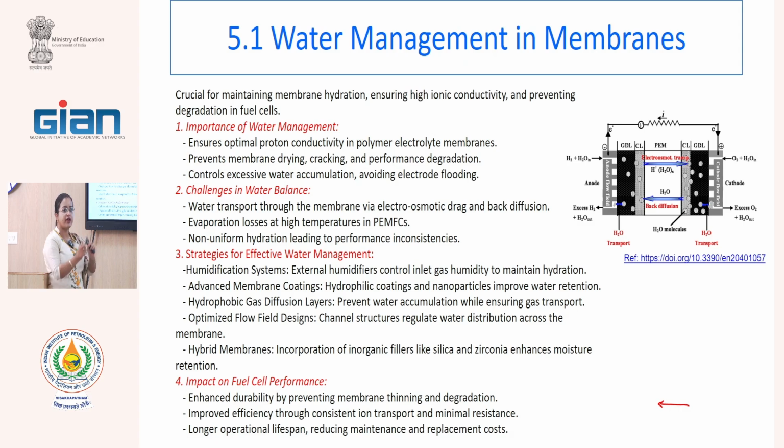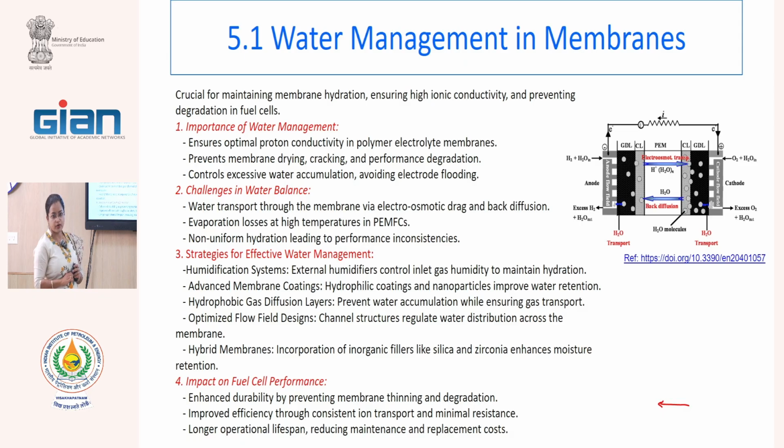So, how can we have proper water management? Generally, we have a humidifying chamber around the membrane in order to maintain a particular RH level. If you see the conductivity of different kinds of protons at different RH levels, with increase of RH, the proton conductivity generally goes down. So, we have to maintain an optimum RH level of around 80% RH.